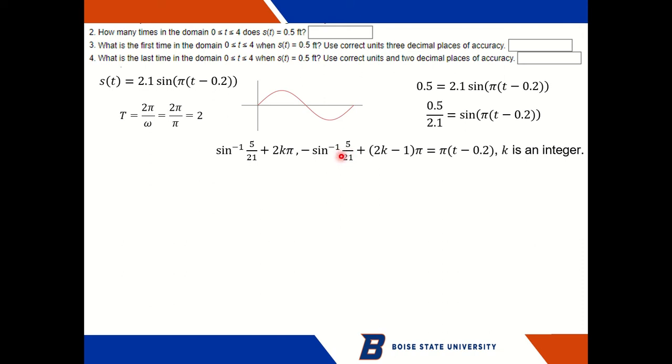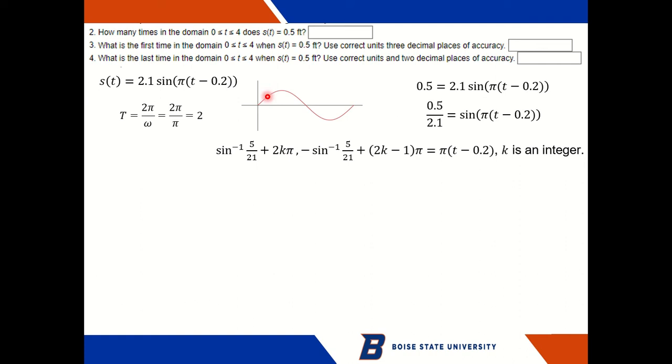So this part's going to be kind of tricky, but we're going to add multiples of 2 pi. So k is just an integer in my solution here. Like if k was 0, this would just be the arc sine of 5/21. And if k was 1, this would be the arc sine of 5/21 plus 2 pi. And so you can just keep changing that value of k to different integer values and you'll get solutions.